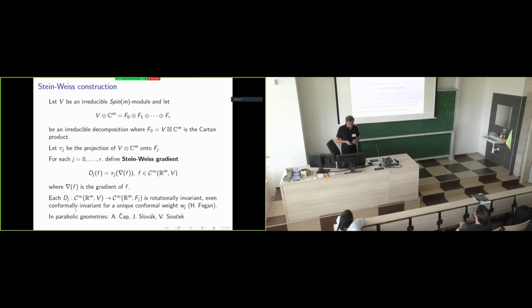By this construction, each Stein-Weiss gradient dj is rotationally invariant, but it is known that these operators are even conformally invariant, and this construction can be generalized to a much broader framework, parabolic geometries, but in this talk we are interested just in the flat Euclidean case.